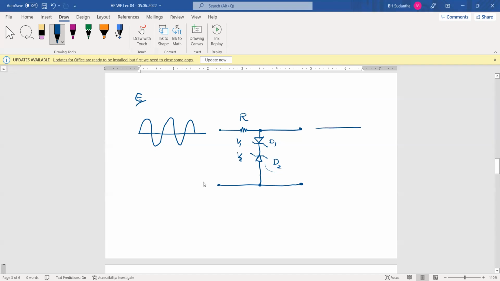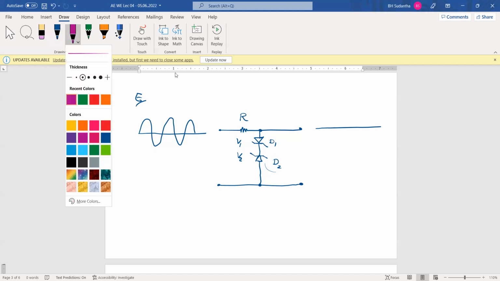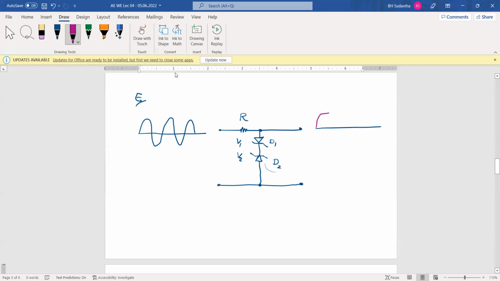This is our output waveform, and our waveforms will be like this.